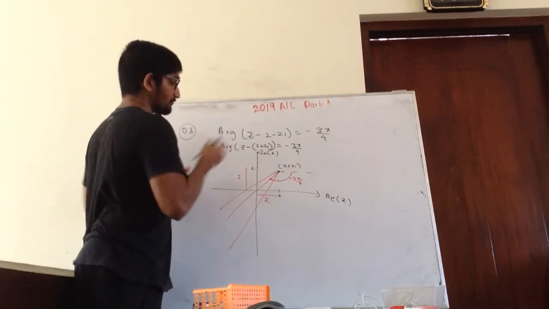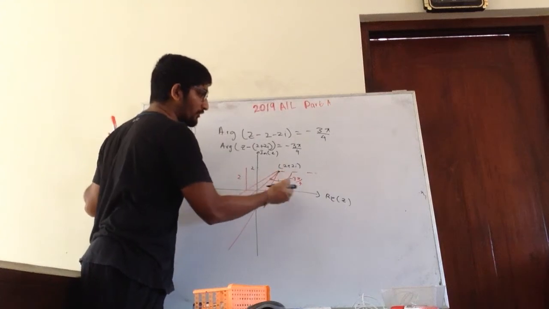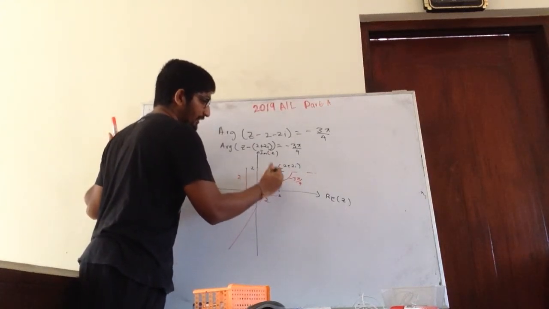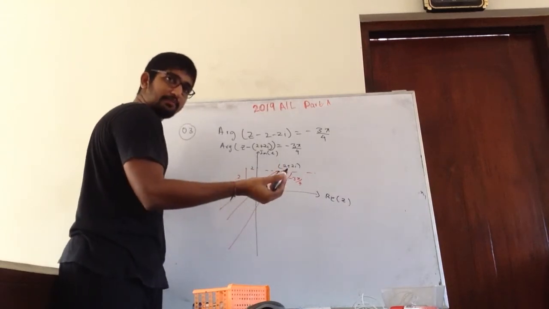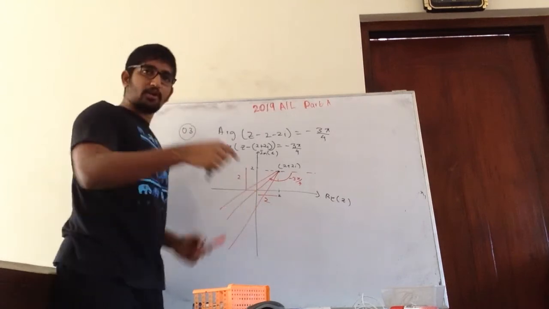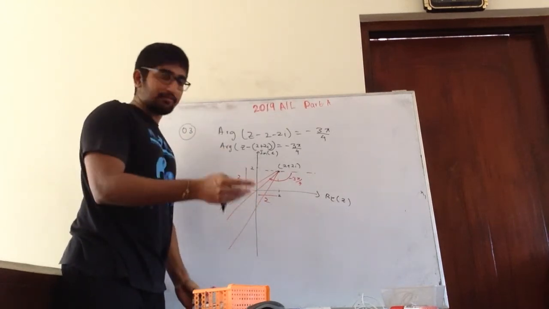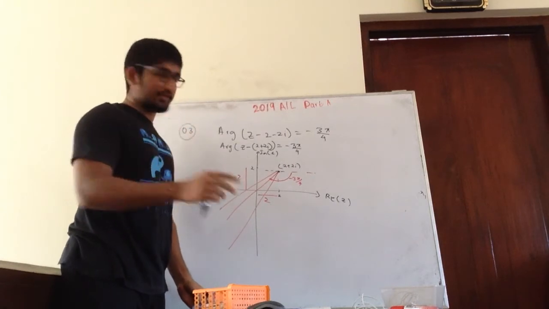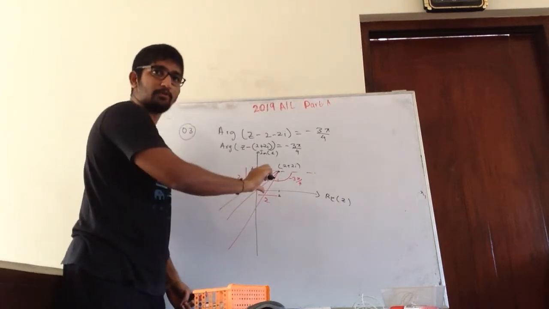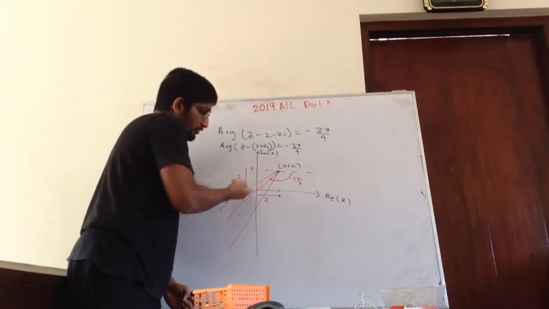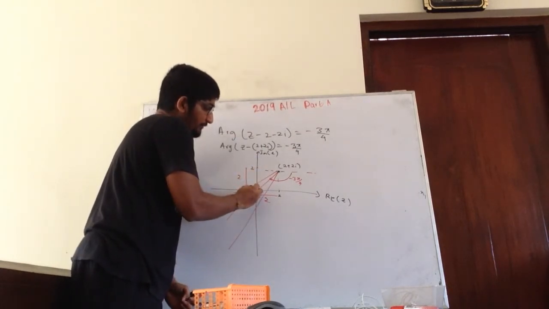Because of this 3 pi over 4, the angle here will be pi over 4, that means 45 degrees. If you all remember, if it's 45, the tan value is 1. That means this part and this part are equal. So because it's 45, this should go from here.